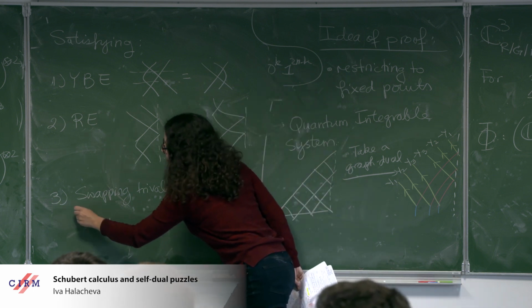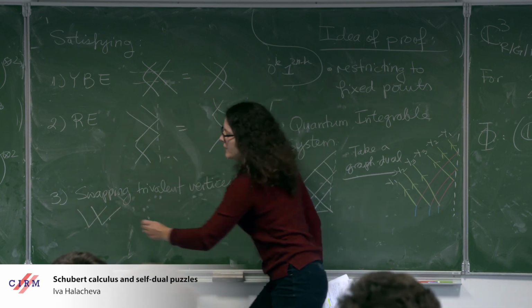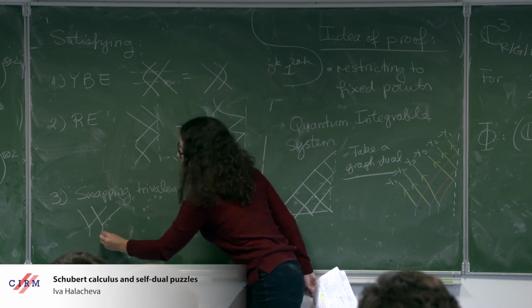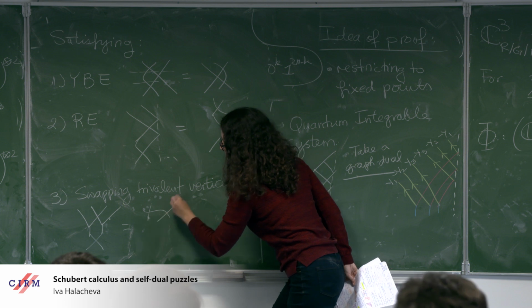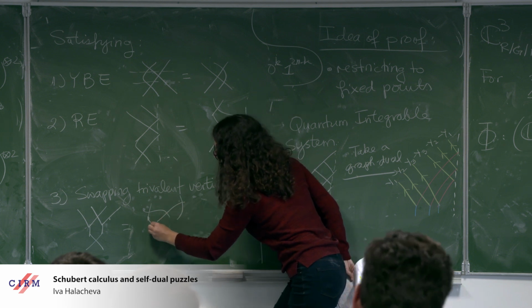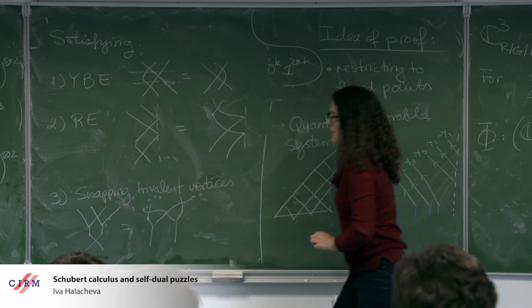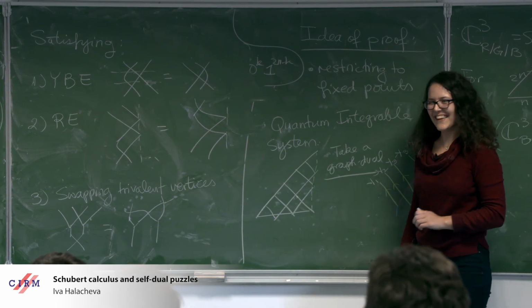So say we have two of these interlacing Y's which cross at the bottom. This should correspond to crossing like this. Sorry for the people who are taking notes.